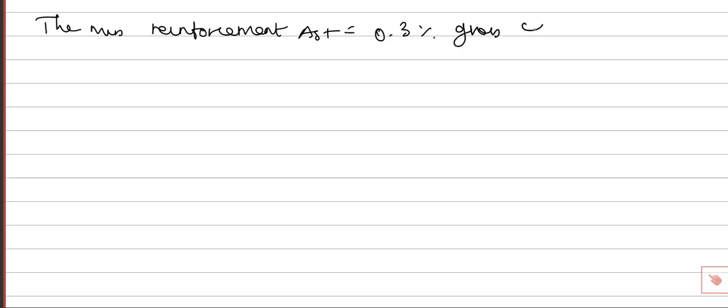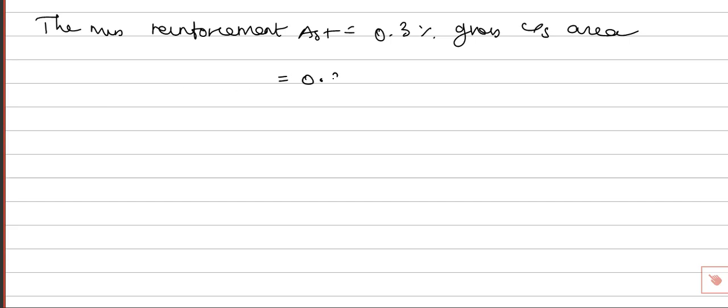So let's check what is the minimum reinforcement we must provide. The minimum reinforcement AST is, we know from IS 456, 0.3 percent of the gross cross-sectional area.